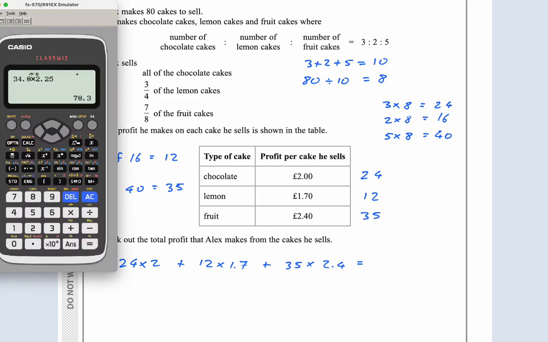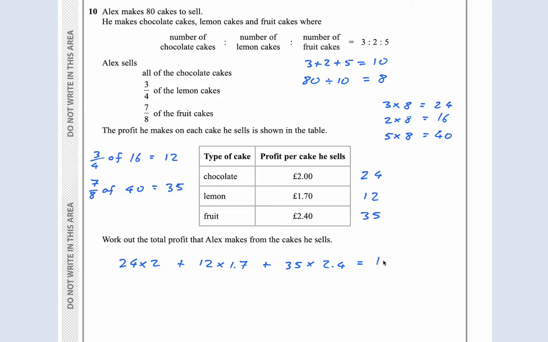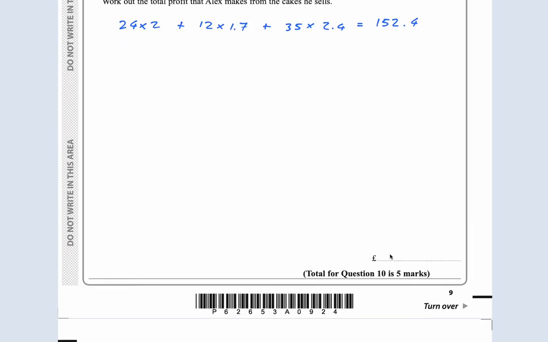And this gives me 24 times 2 plus 12 times 1.7 plus 35 times 2.4, which is 152.4. So £152.40p.